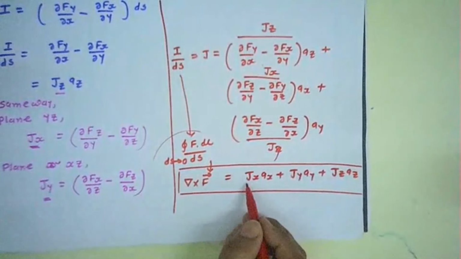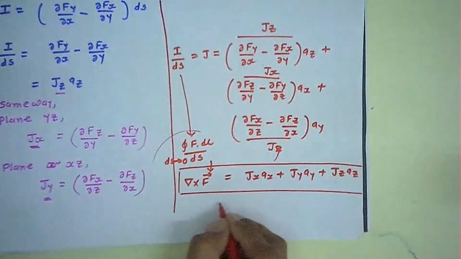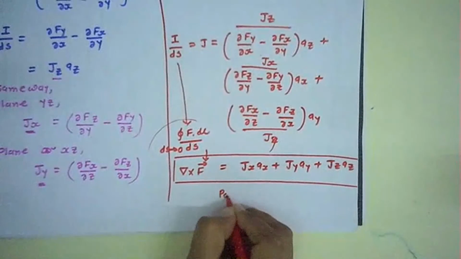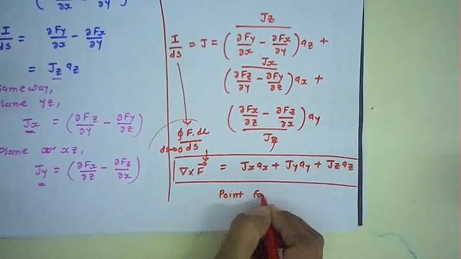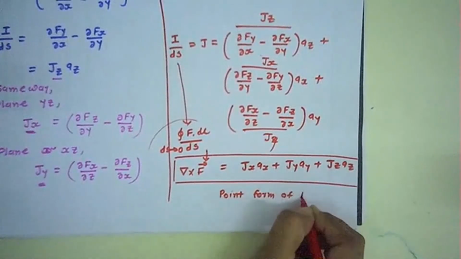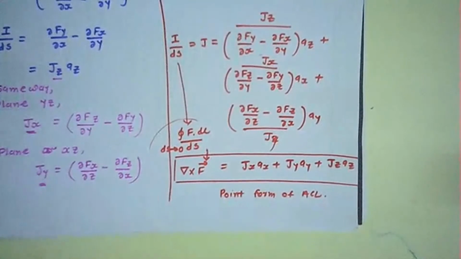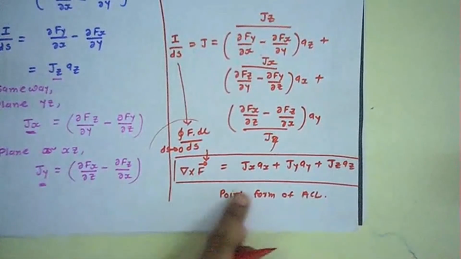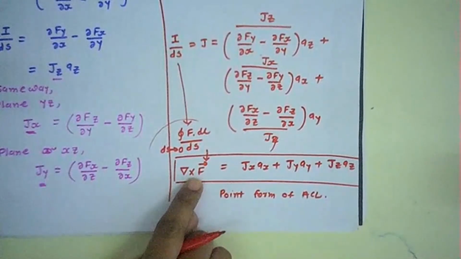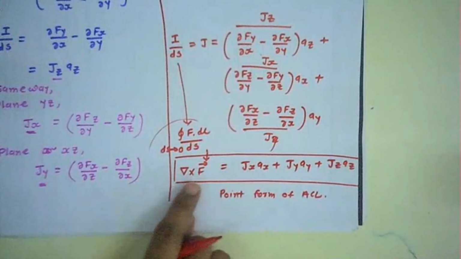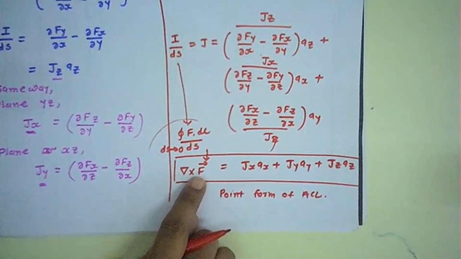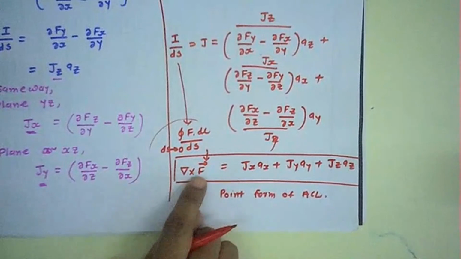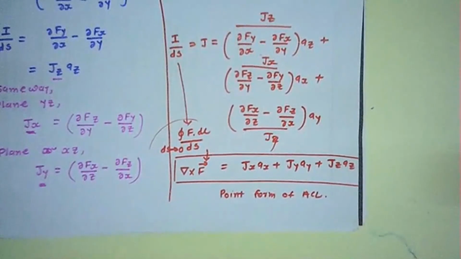This curl is the current density J. So this is the point form of Ampere's circuital law. You can derive the curl of any vector, which is the rotation of the vector. So the curl of F equals J is the point form of Ampere's circuital law. Thank you.